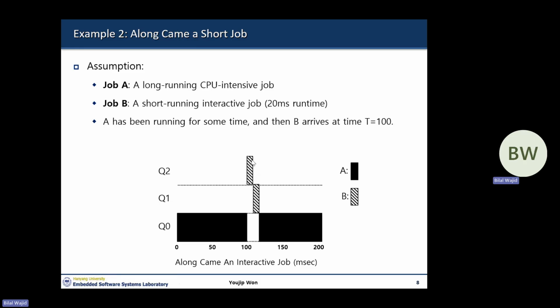Once the time slice is over, because B consumed its entire time slice, B is placed at a lower priority level, Q1. Now there are again 2 jobs, B and A, but because B is at Q1, a higher priority level than A, B runs first, it completes its task, and then A continues.